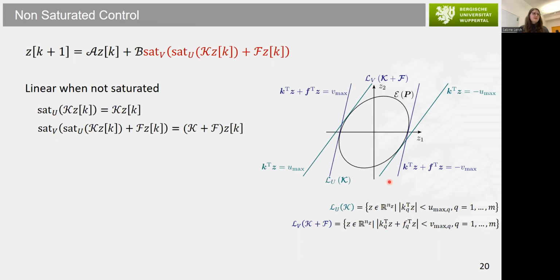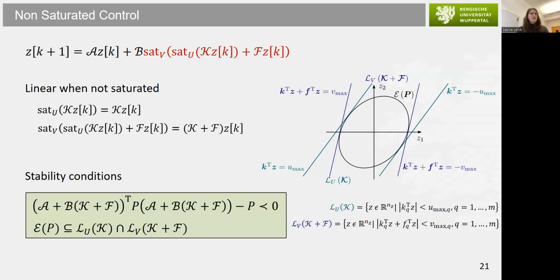So the linear areas are between those boundaries. So there's no saturation inside this part. So there the closed loop would be linear, and outside here it would be nonlinear. So we just have to ensure that the guaranteed domain of attraction is inside the linear areas, and then the closed loop is linear. This would lead then to those stability conditions.